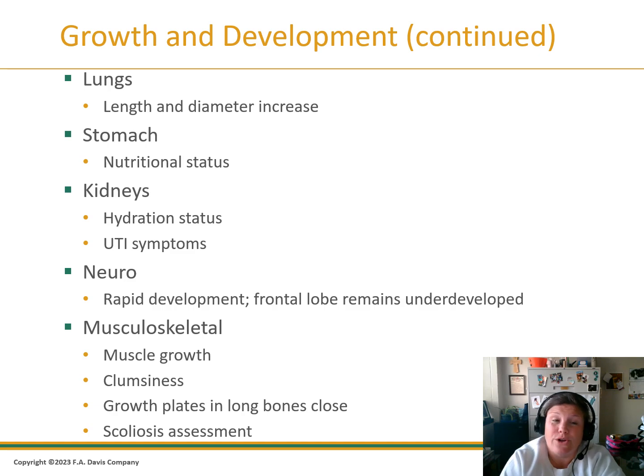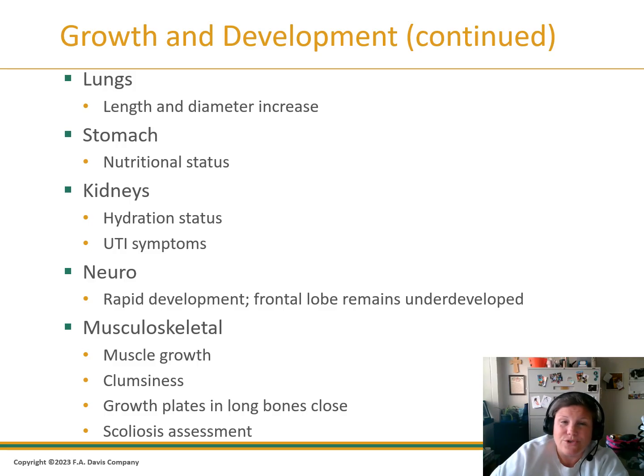We want to be doing a scoliosis assessment at this point, seeing if we identify any type of curvature. It's not unheard of for them to experience chronic abdominal complaints that usually are linked to stress and anxiety, but also we want to make sure that they're getting adequate nutrition.